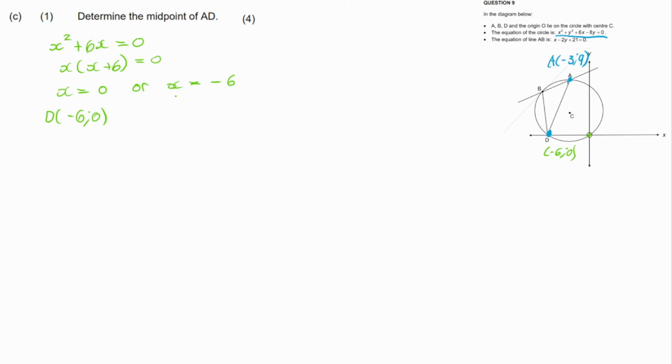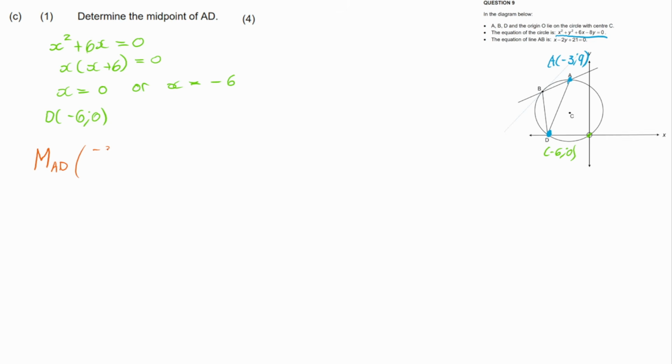To determine the midpoint of the two, we just use our midpoint equation. So we can say that the midpoint of AD, we normally just draw a bracket like this, and we add our x's.